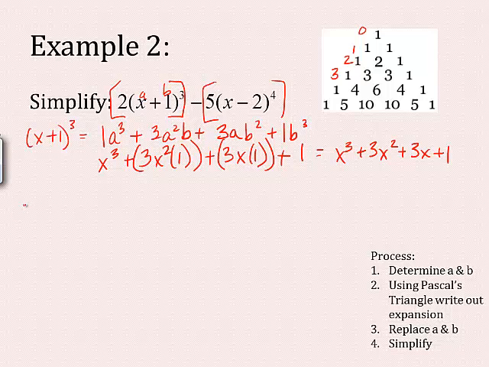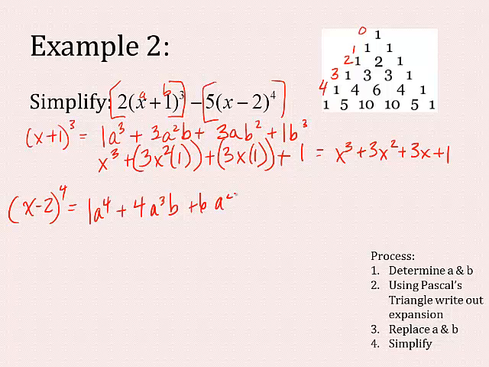Well, let's do the x minus 2 to the 4th power, okay? So I look at level 4, and I have 5 terms, so I have 1, a to the 4th, plus 4, a to the 3rd, b, plus 6, a squared, b squared, plus 4, a to the 1st, b cubed, plus 1, b to the 4th. All right, plug in your values. A is x, b is negative 2, be careful.